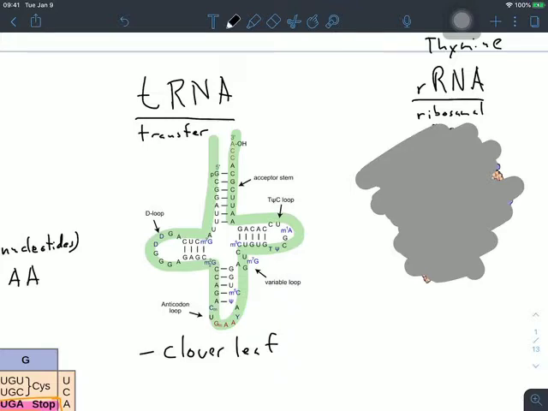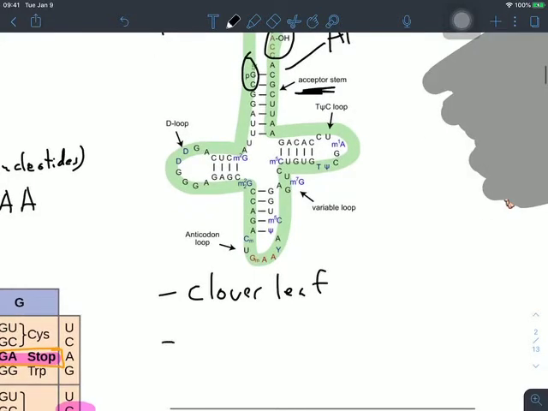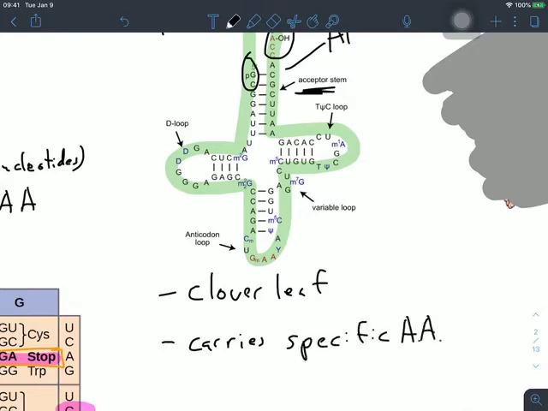So it's got this kind of three-pronged endpoint with a top. You'll notice that it starts and ends at that top. We also know that this top piece, the acceptor stem, is where you will have an amino acid binding. So each tRNA carries a specific amino acid.